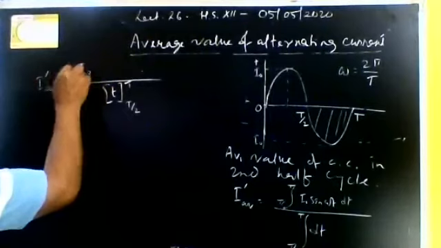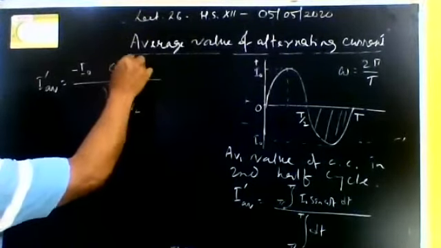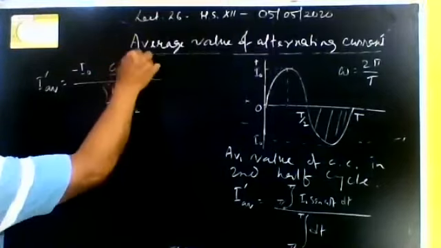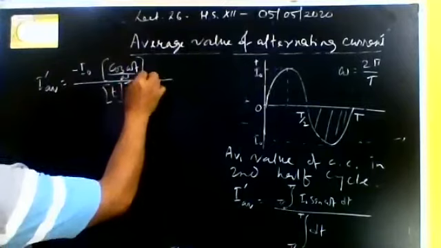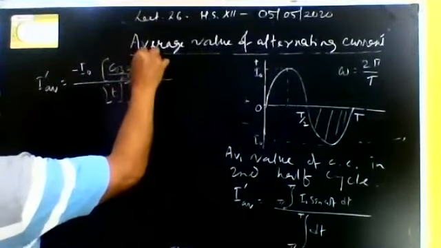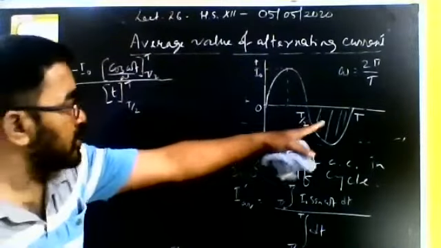The minus will come out, so cos ωt by ω. Then lower limit is T by 2, upper limit is T.